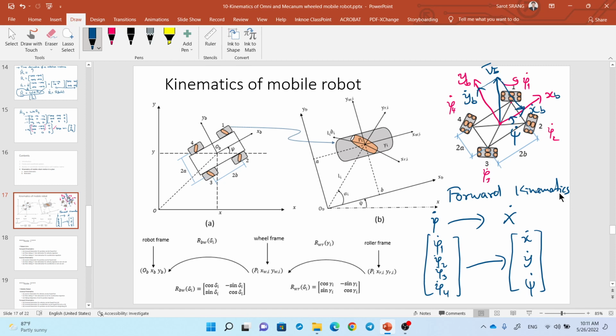Okay, so given capital H dot, you compute phi dot, and we call this inverse kinematics.